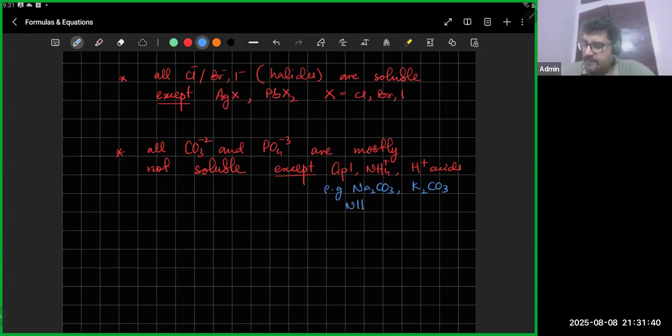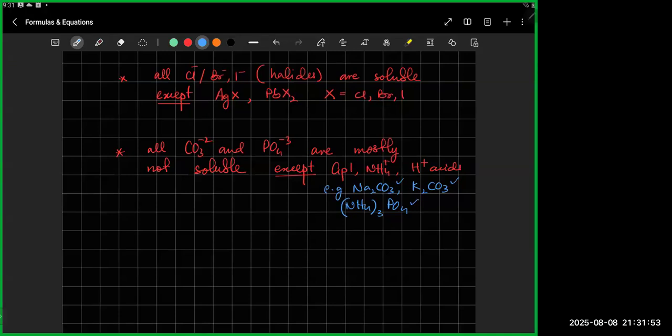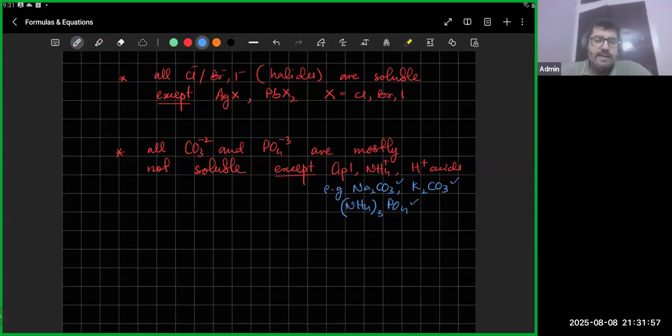Ammonium phosphate is also soluble. And phosphoric acid will also be soluble, right? Because it has H plus 1, acids are soluble. Apart from group 1 and NH4 plus 1 and acids, the rest are all insoluble.